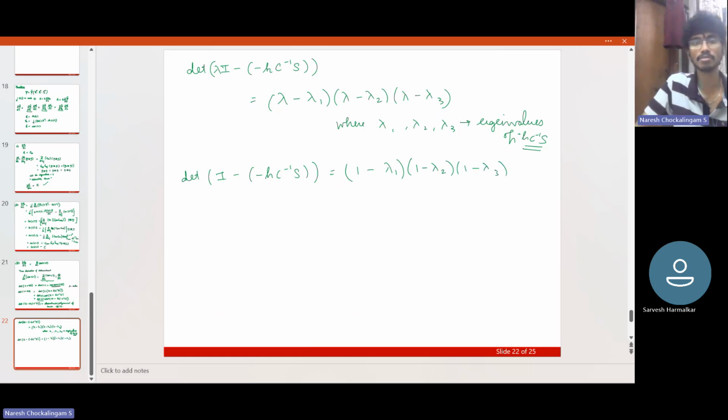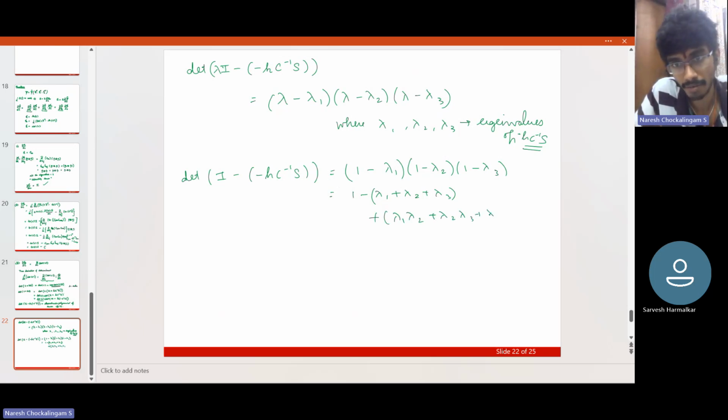So lambda 1, lambda 2, lambda 3 are of the same order as the matrix HC inverse S, which means it is 1 minus lambda 1 plus lambda 2 plus lambda 3, then you have the product terms, plus lambda 1 lambda 2, plus lambda 2 lambda 3, plus lambda 1 lambda 3, minus lambda 1 lambda 2 lambda 3.